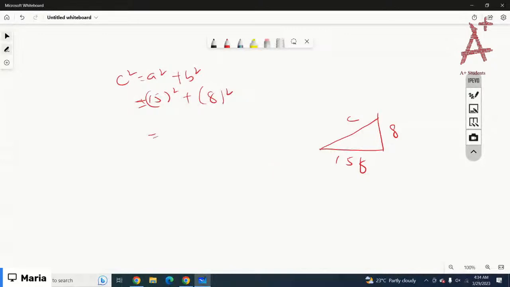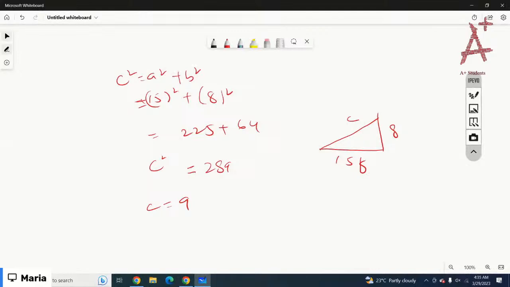15 square is 225 plus 64. I think it makes 289. Yes, and 289 is the square of 17. Got it?